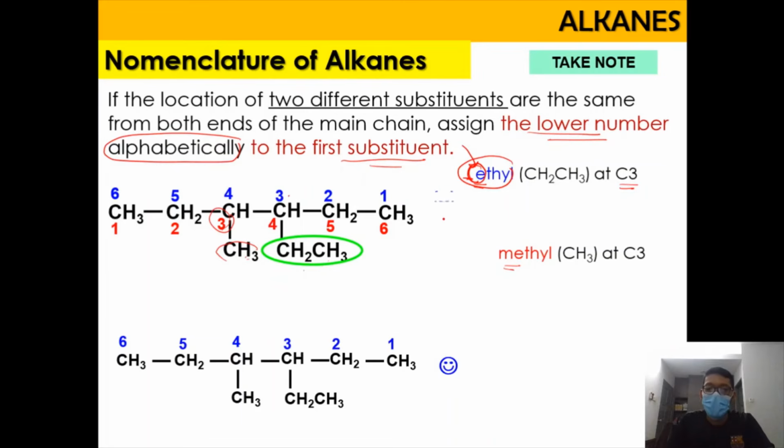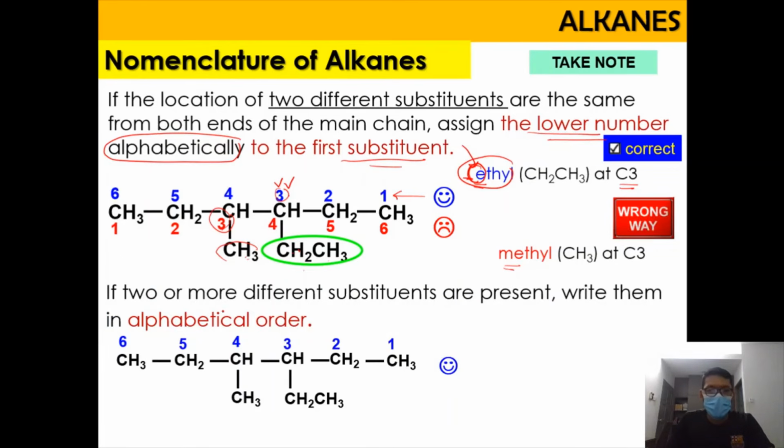Jadi what we want to do is that we need to select the one in blue, not the one in red. Okay, so the blue one is the right way because it's gonna give the naming as 3 ethyl or else it's gonna be 4 ethyl. So we need to choose the one that is the lowest. Okay, so here the red color one is the wrong way.